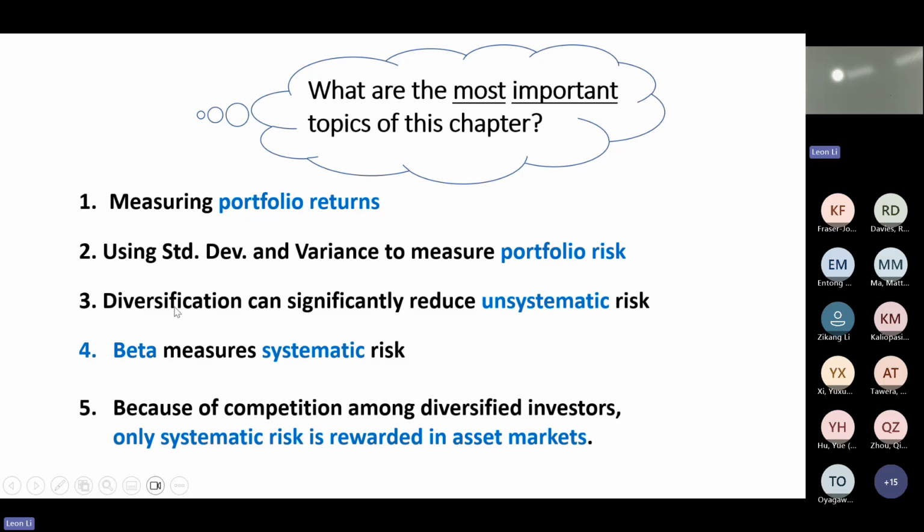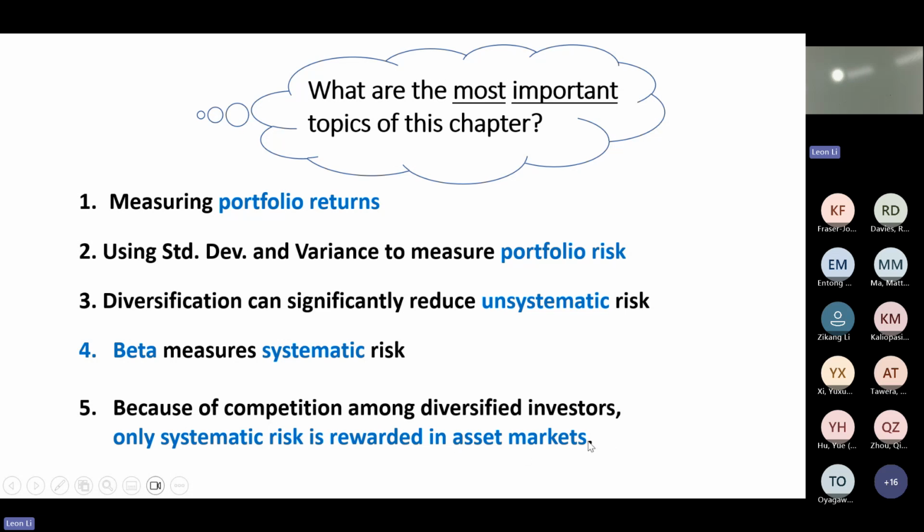Diversification can reduce unsystematic risk. Beta is a measure of systematic risk. Because of competition among diversified investors, only systematic risk is rewarded in the asset market.